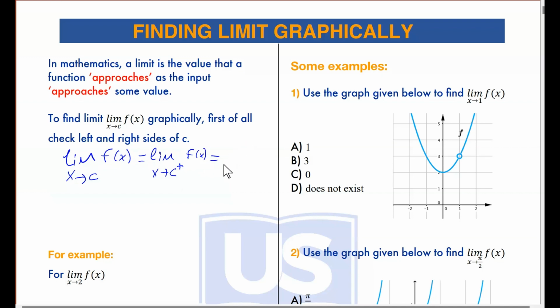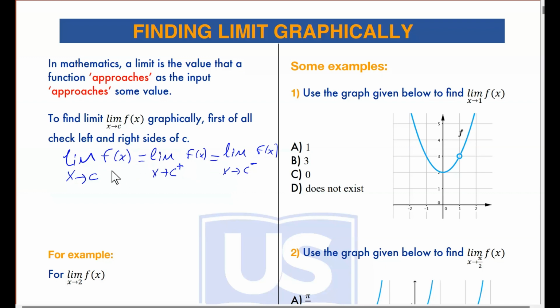which must be equal to the left side limit, which means the limit as x approaches c from the left. We write a negative as a superscript to indicate that x is approaching from the left side of c, of f of x.